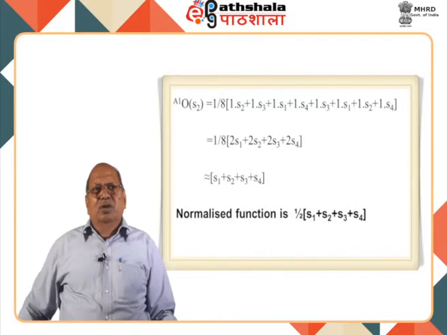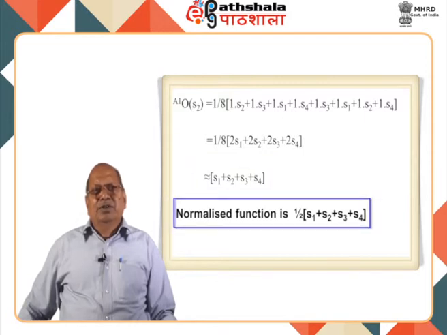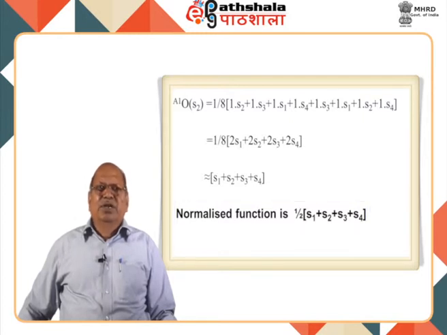The net result of A1 on S2 is S1 plus S2 plus S3 plus S4. The normalized function is 1 upon 2 (S1 plus S2 plus S3 plus S4). This is the same result as we obtained in equation 1.